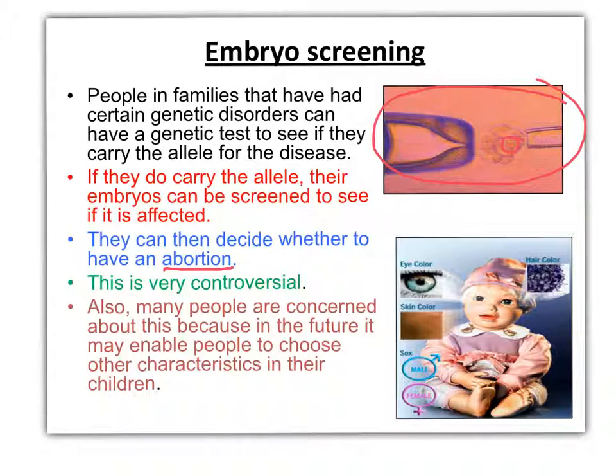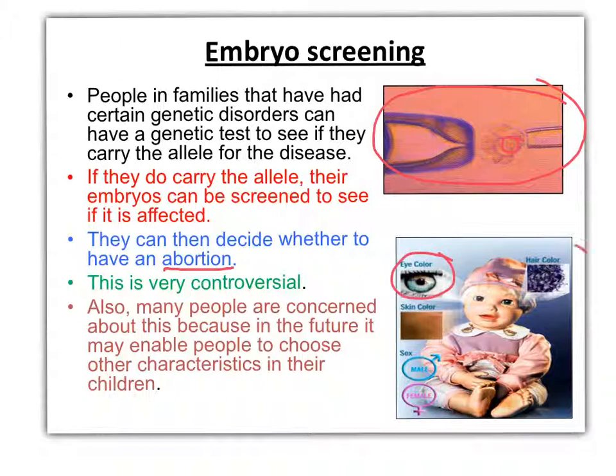This is obviously very controversial, and many people are concerned that if we can screen embryos to rid them of genetic disorders, and we can screen fetuses in the womb and abort them if they have genetic disorders, potentially we could screen for lots of other characteristics.